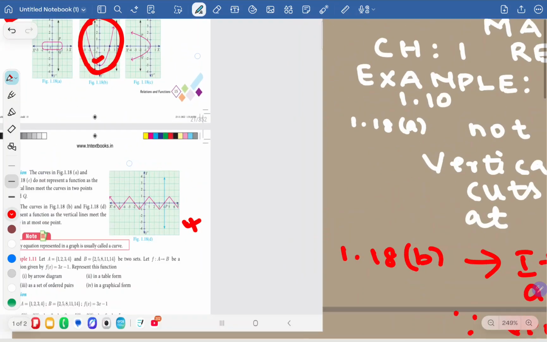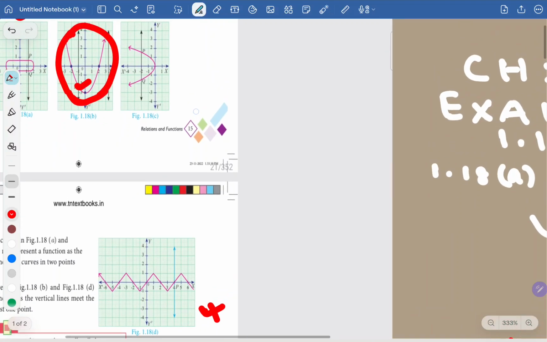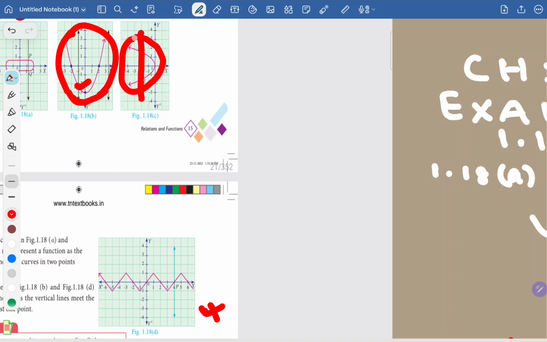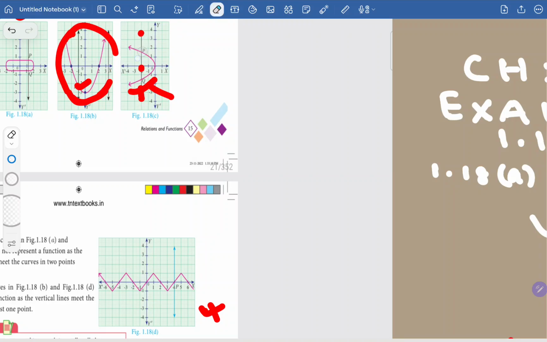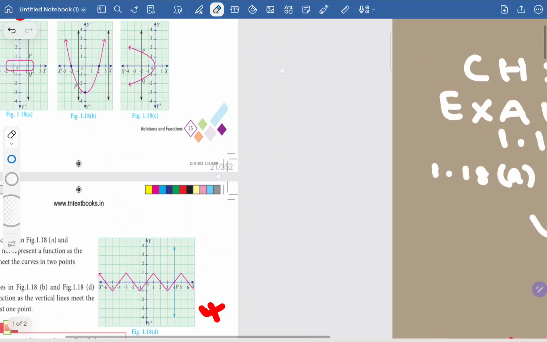What about 1.18c? Here also a line. This is a line, but this is the curve. It cuts at 2 points. Therefore, the third graph is not a function.